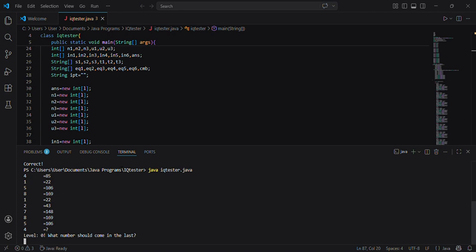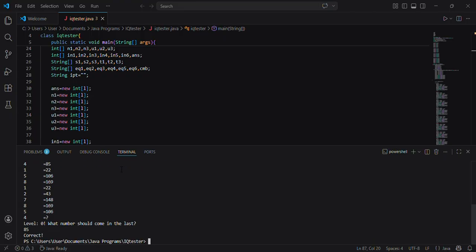As we can see, we're in luck that 4 is also mentioned on the first line, equal to 85. So the 4 here would be 85. I will try this. It is correct, 85.